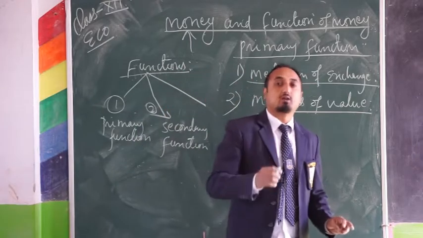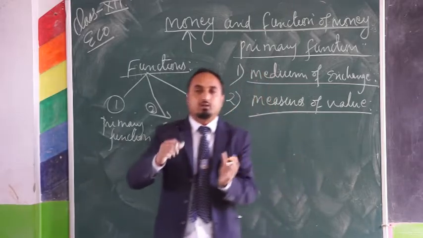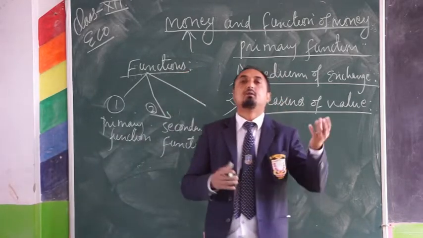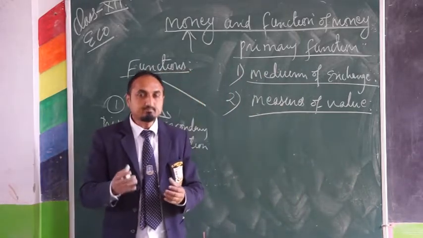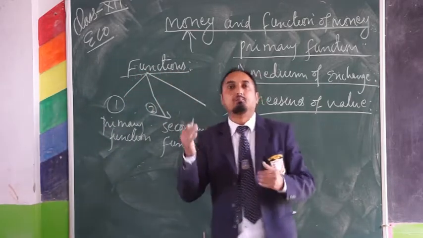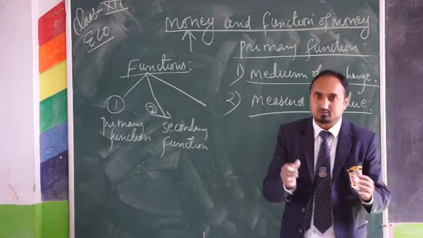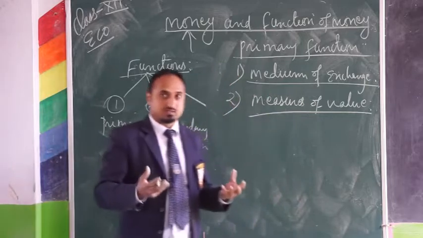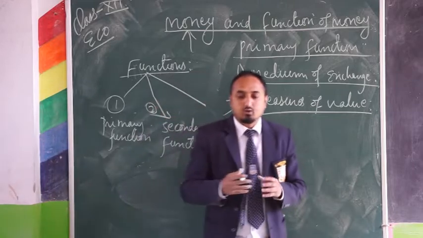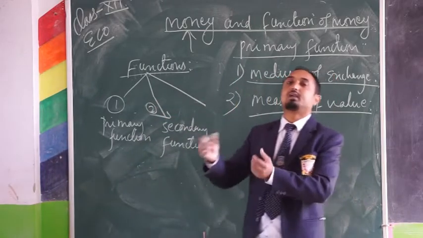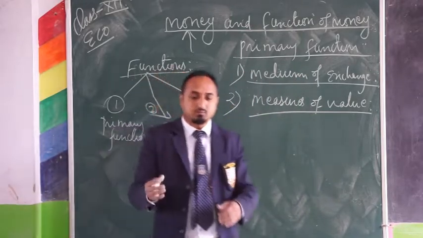Just as we use kilogram to measure weight, maybe of oil, we use the liter to measure liquid, we use meters or kilometers to measure distance, and meters to measure a piece of cloth. So we use different units. Similarly, to measure weight we use kg, and to measure liquid we use liter.